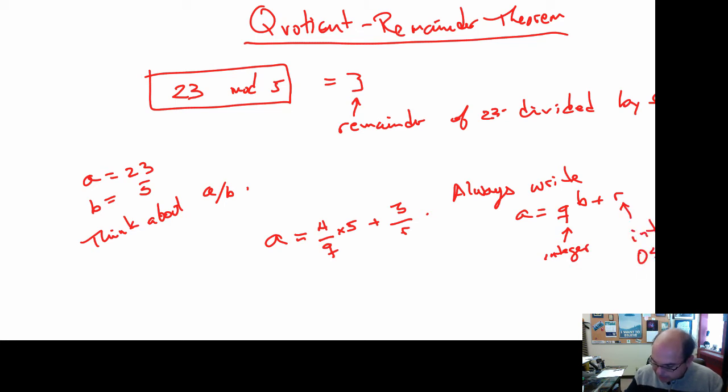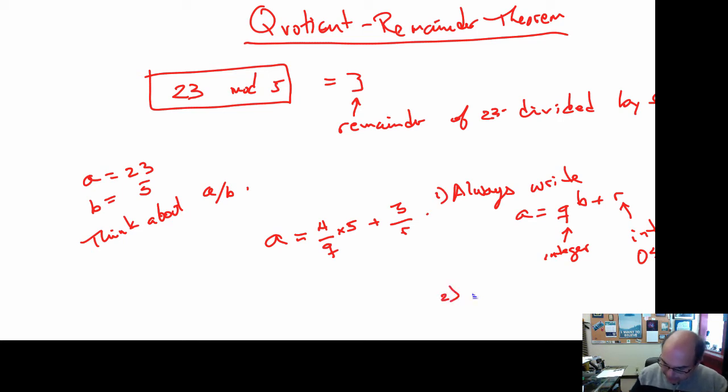It has to be between 0 and B. Notice that this here is a less than, not a less than or equal to. So now you can't do 0 times 5 plus 23. You have to do 4 times 5 plus 3. This is the first thing that the quotient remainder theorem tells us.